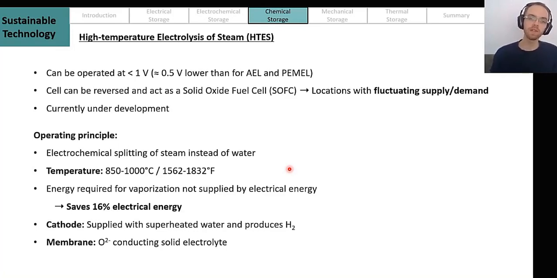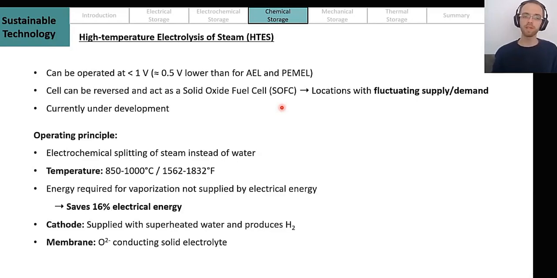This is particularly suitable for locations with fluctuating supply and demand, where the cell can be adjusted to a different mode of operation depending on whether you have high demand or high supply. The analogous cell here would be the solid oxide fuel cell. However, this kind of cell usually requires additional infrastructure and is a little harder to maintain, so this is a concept which is currently mostly under development.